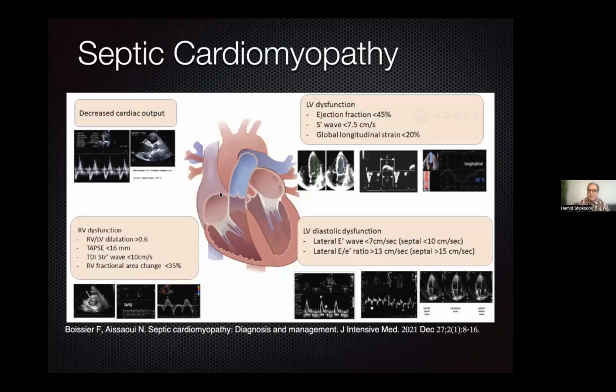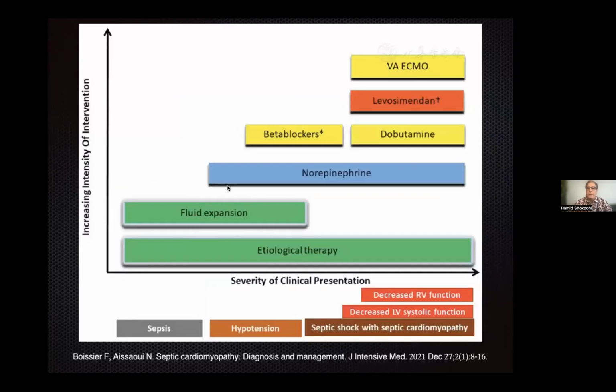The LV is not functioning and there is not enough room to open up for blood to come to the LV. So a component of the RV, right and left side, systolic and diastolic, makes it septic cardiomyopathy that you see towards the end.